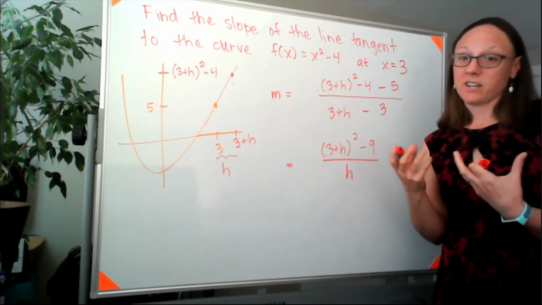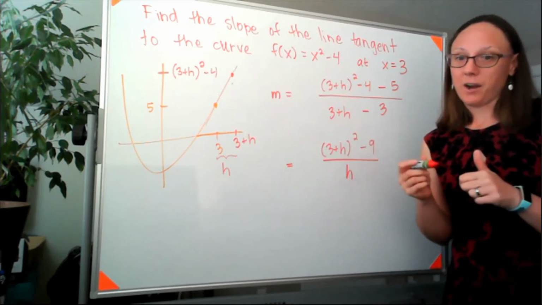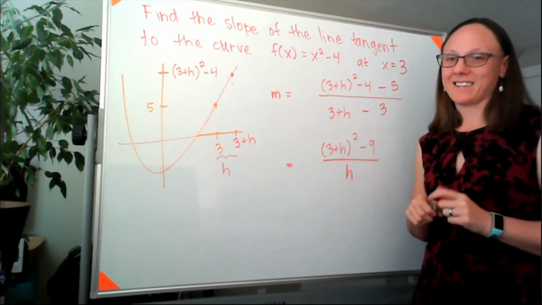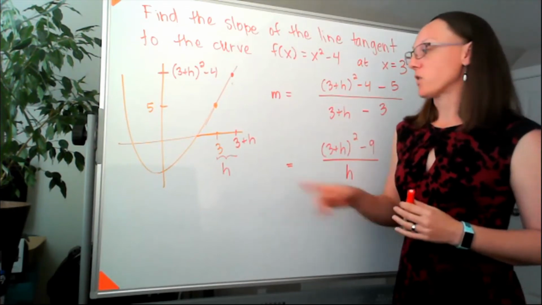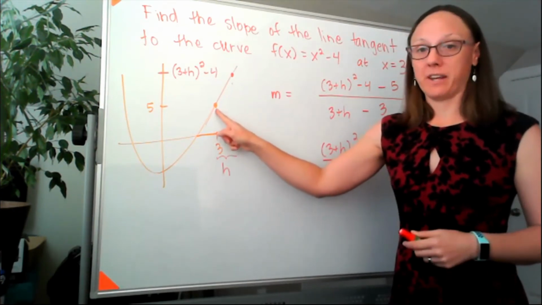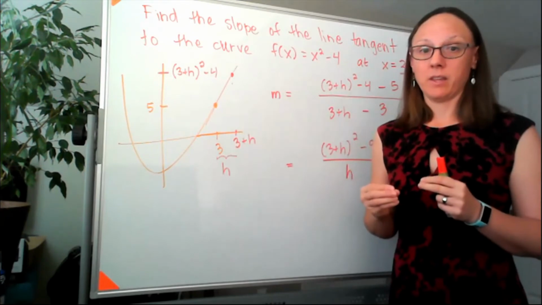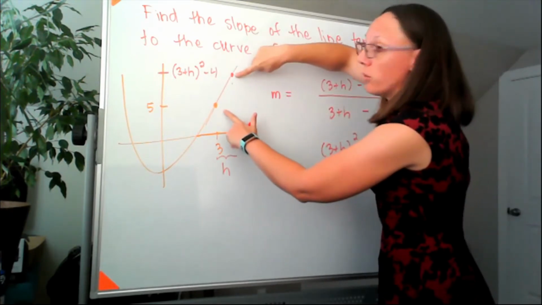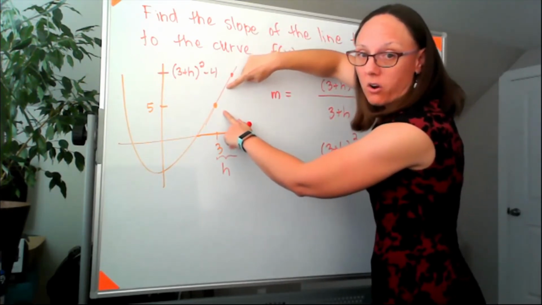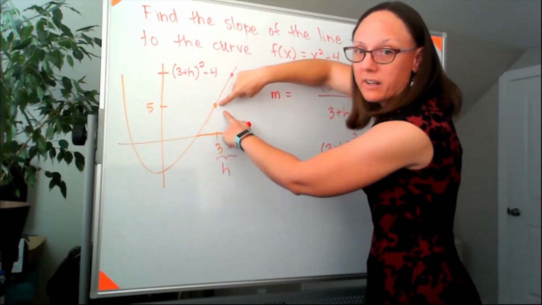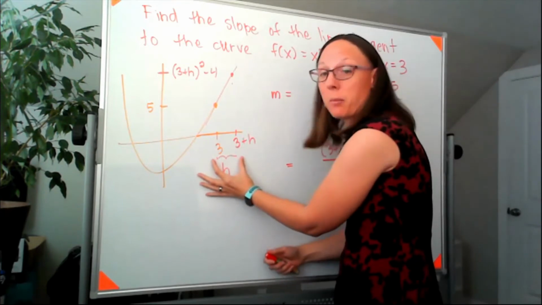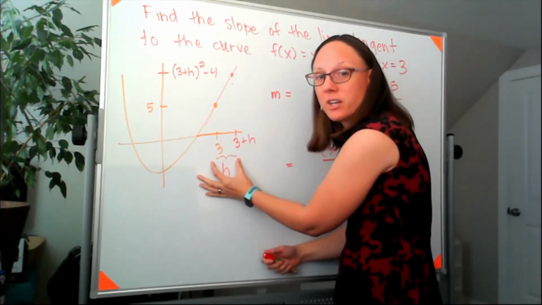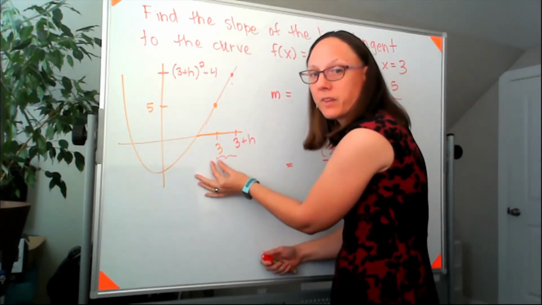Now, here's the tricky part, which gets back to the question in there. If I want to find the slope exactly at 3, I have to move this point all the way over here to 3, which is the same thing on the x-axis as thinking about squeezing this h down to 0.